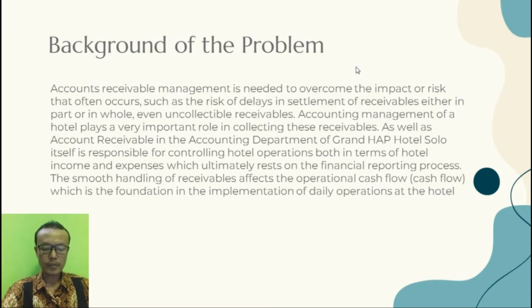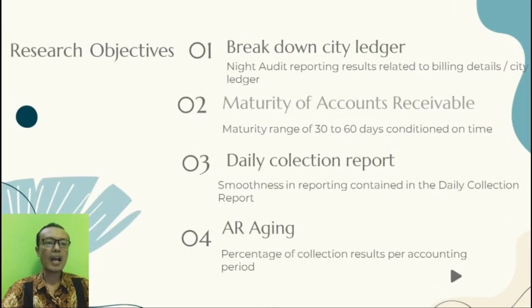So the objectives of the research are these: first, breakdown of the city ledger, next audit reporting results related to the billing detail of the city ledger. The second, maturity of account receivables, with a maturity rating of 30 to 60 days in good condition.